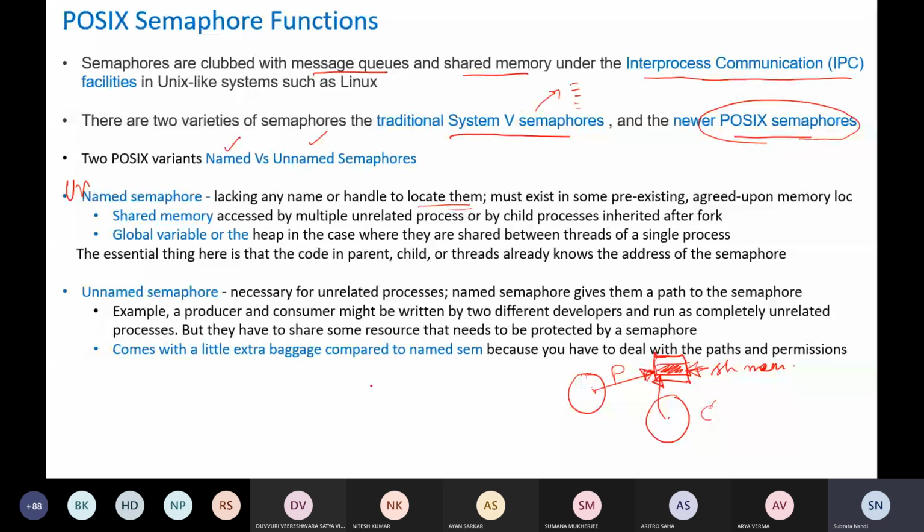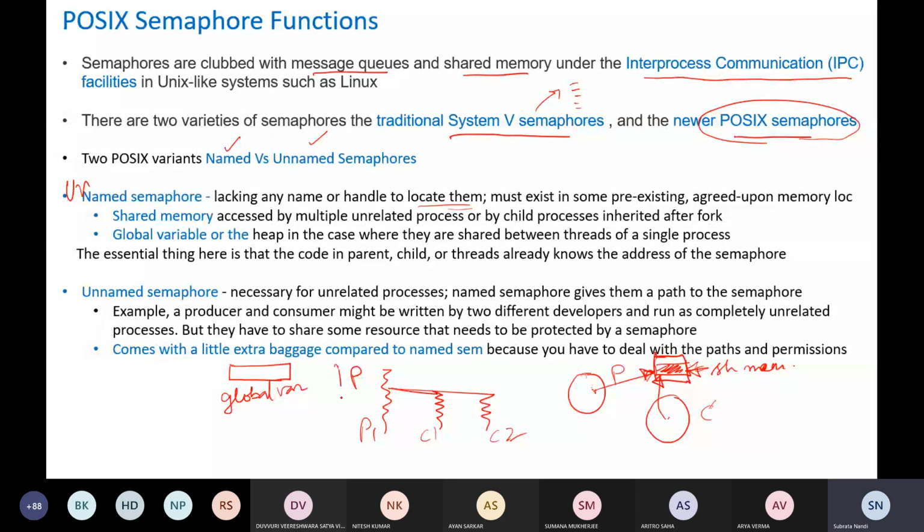Or it can be something like there is a parent thread, and this parent thread creates some child threads. P1 is the parent thread, and C1 and C2 are the two child threads. They all share by default some global variable, right?